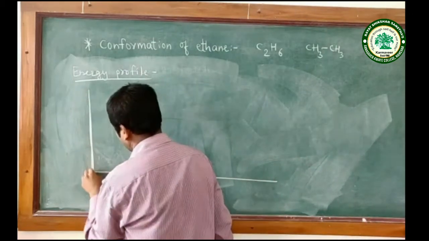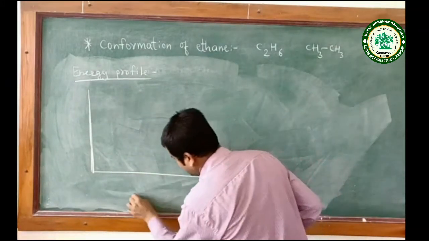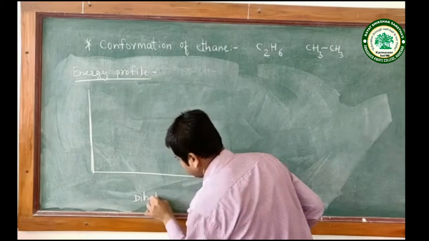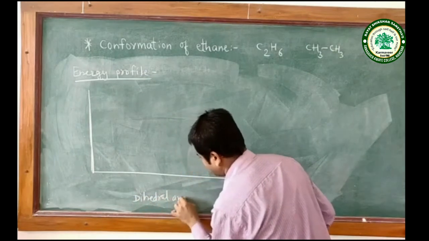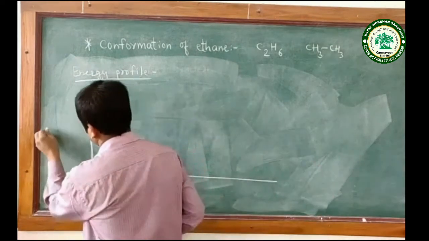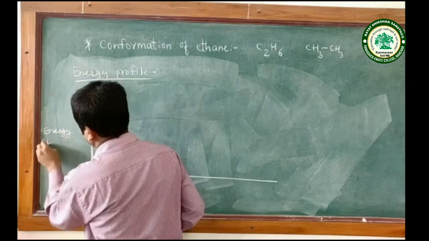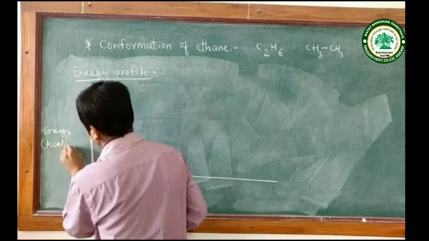We are having two axes. The x-axis is dihedral angle and y-axis is energy in kilocalorie per mole.